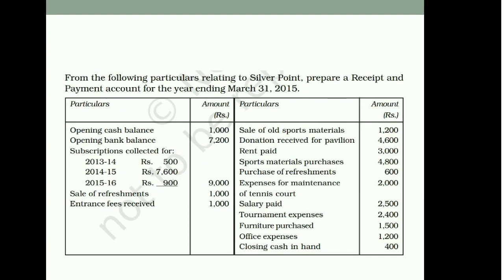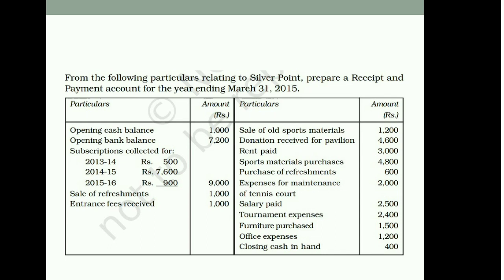The next is now, from the following particulars relating to Silver Point, prepare a receipt and payment account for the year ending March 31st, 2015. Everything is there. Opening cash balance. This time they are mentioning opening cash balance and opening bank balance. But remember one thing, if you have two types of opening balance, then definitely you will get two types of closing balance as well. So just check in the question whether you got the two types of closing balance or not.